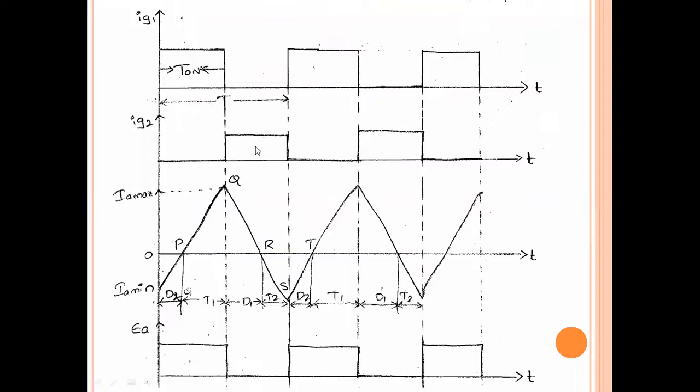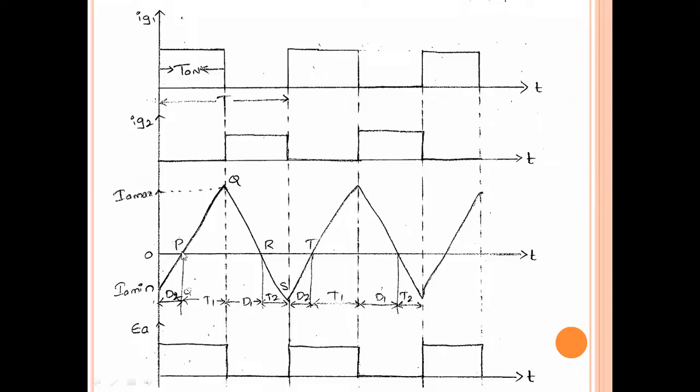Switch 1 gating pulse plus switch 2 gating pulse gives the total time period, which is T. And this is the current which we have seen in the operation. Now let's see. Here I have chosen a few points, P, Q, R, S, and T. Total 5 points I have taken to explain the entire operation clearly.